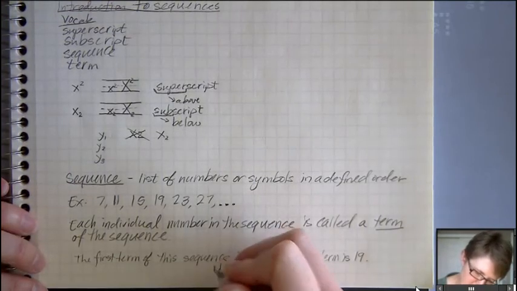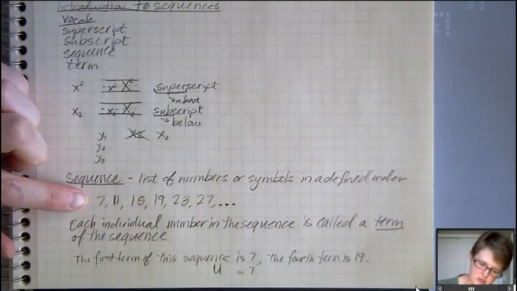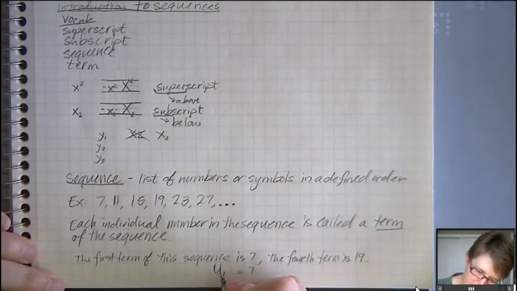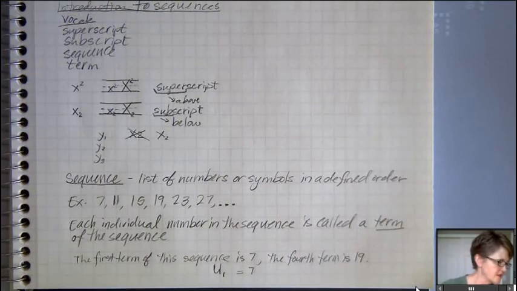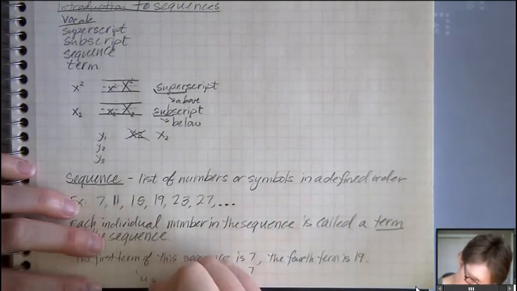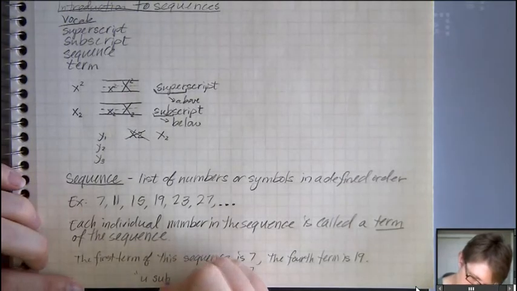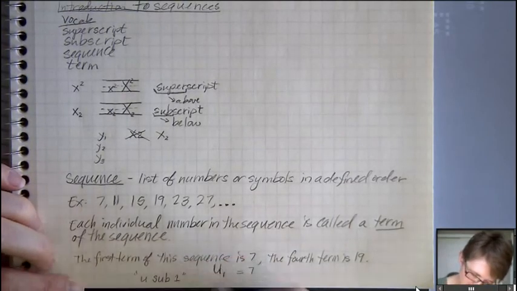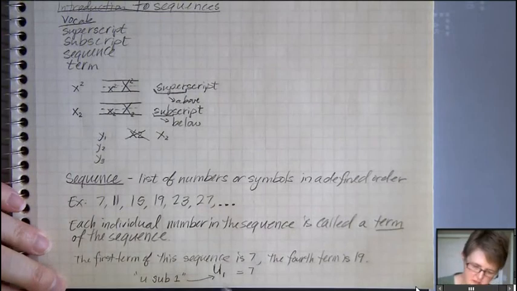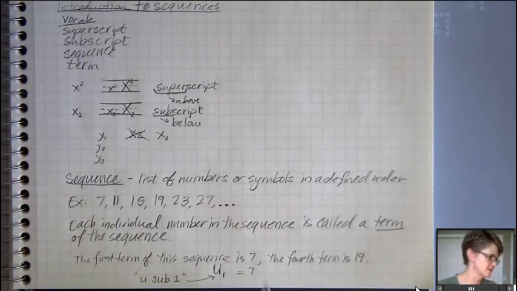Then for the first term, we're going to do U sub 1, where sub is for subscript. So U sub 1 is equal to 7 in this case. That's just a way of saying the first term is 7, where it starts with a 7.